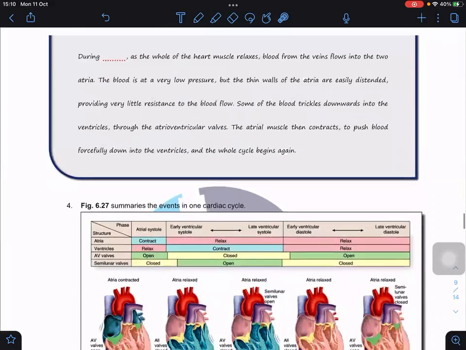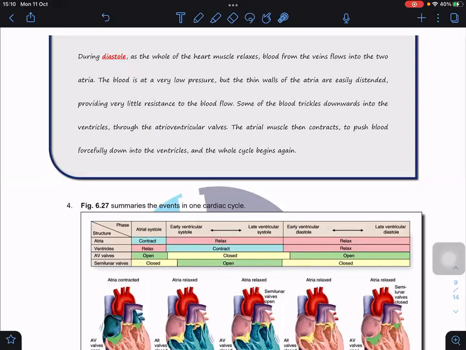During diastole, the whole of the heart muscle relaxes, so the blood from the veins flows into the two atria. This blood is at very low pressure, but the thin walls of the atria are easily distended, providing very little resistance to the blood flow. So some of the blood trickles down into the ventricle through the AV valve.